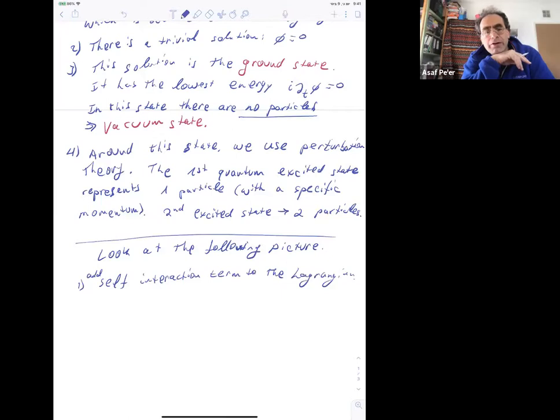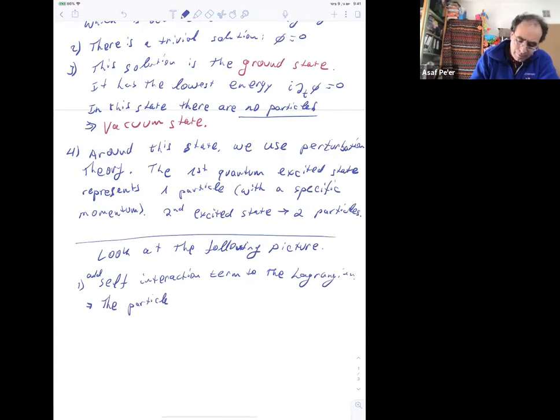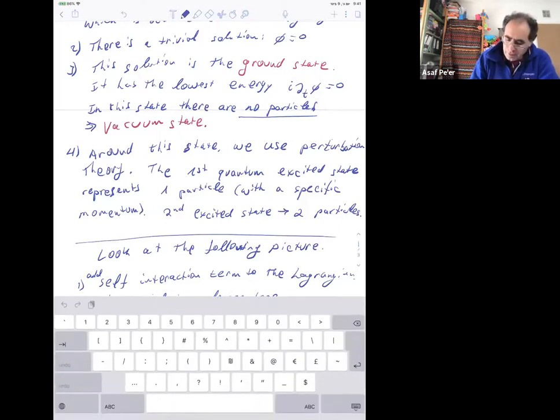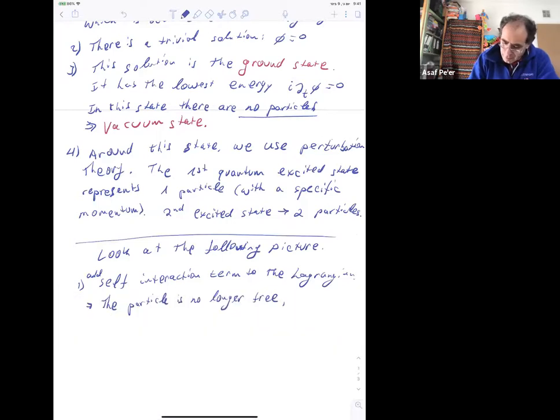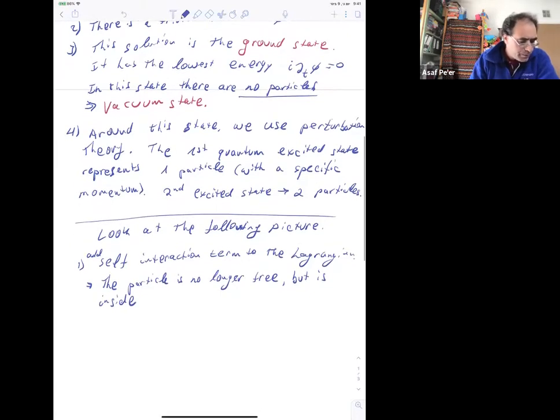It's not a free particle, but it has some potential of the self-interaction. The particle is no longer free, but is inside the potential of the self-interaction.